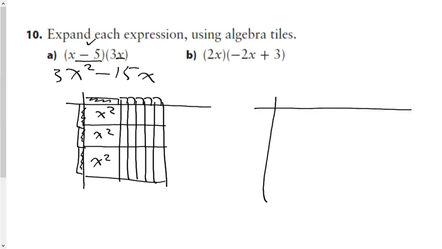For my second one, 2x, I'm just going to do it here just because I can. 2x is my length or my width, doesn't matter. Negative 2x, 1, 2, and positive 3. Oh, those are negatives. Oopsie daisy.